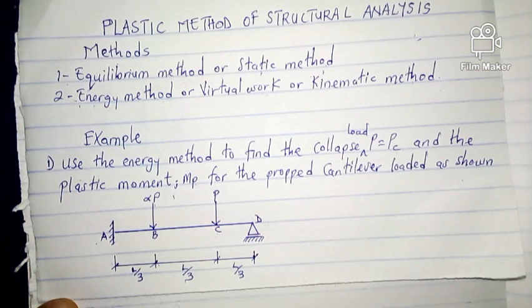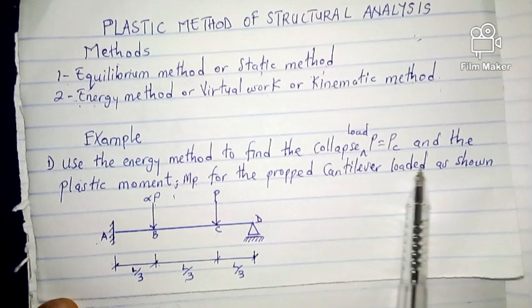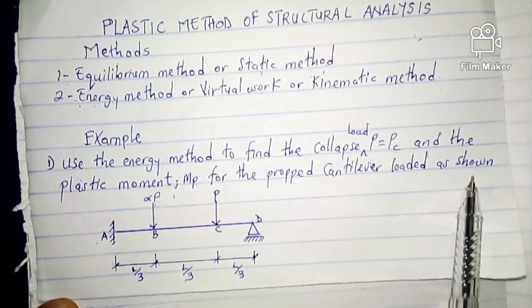This example says: use the energy method to find the collapse load P equals PC and the plastic moment MP for the propped cantilever loaded as shown.